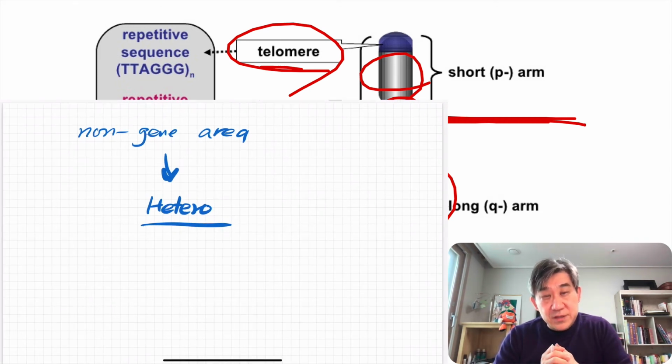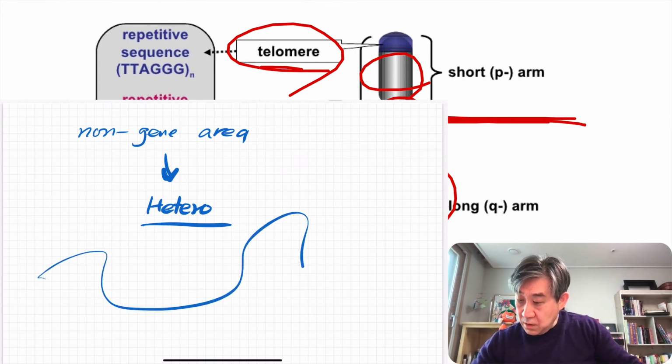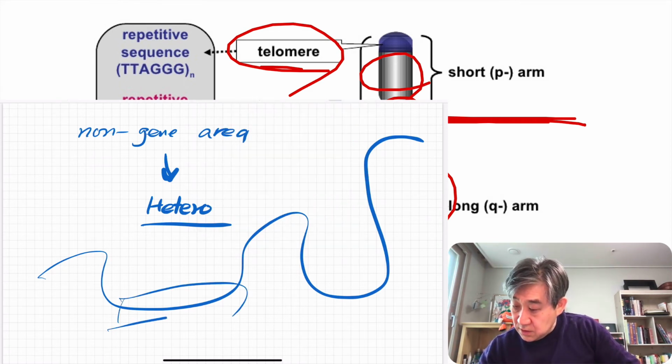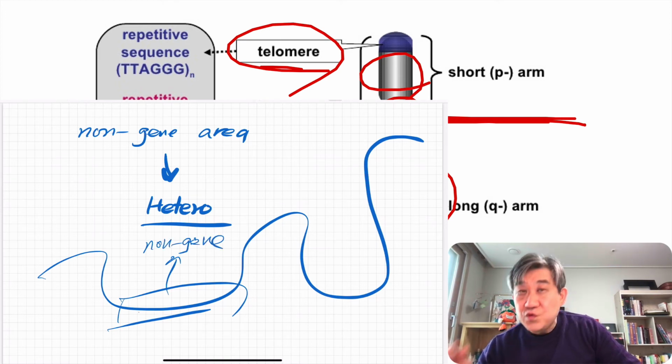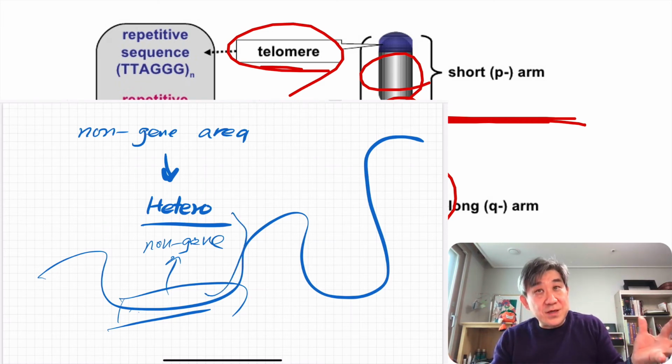Similarly, along the entire chromosome, if this area is a non-gene area, then chances are it is usually preferred to be organized into heterochromatin.